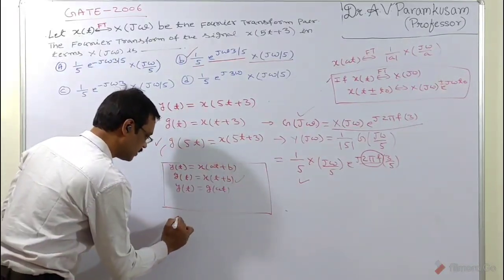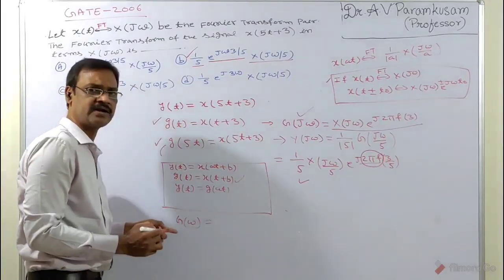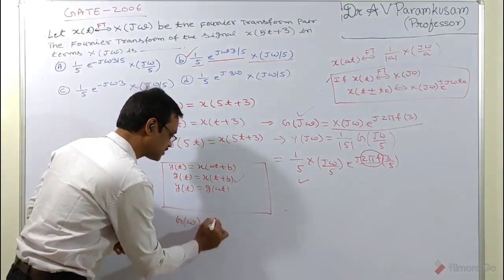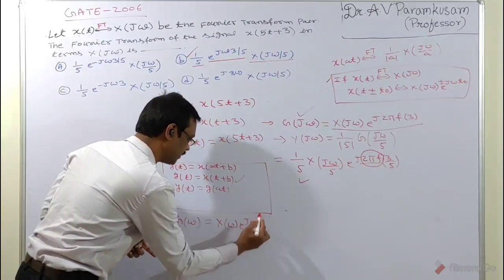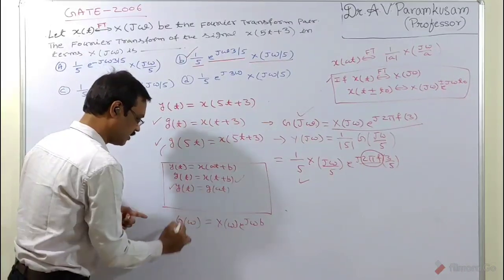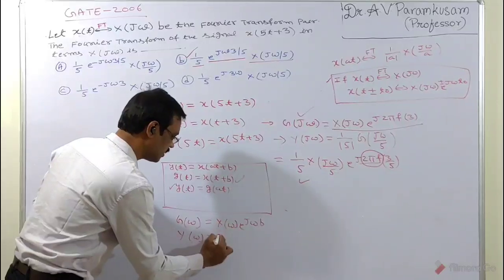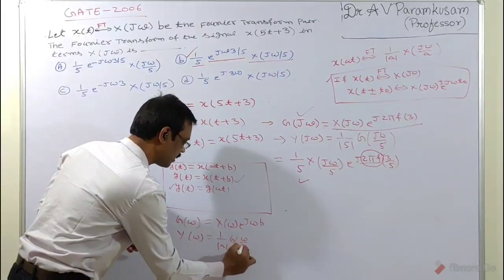First you apply the Fourier transform on g of t. Then you will get G of omega, you can write G of j omega, that doesn't matter, equal to X of omega into e power j omega b. Then apply the Fourier transform on y of t. Then Y of omega is equal to 1 by mod a G of omega by a.